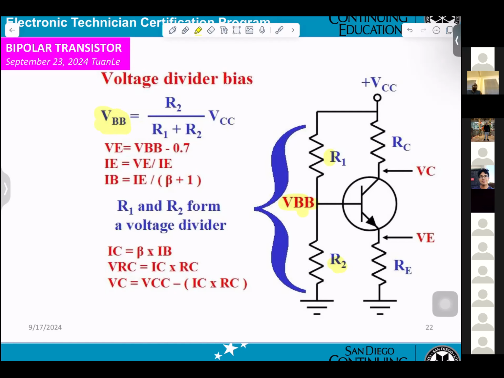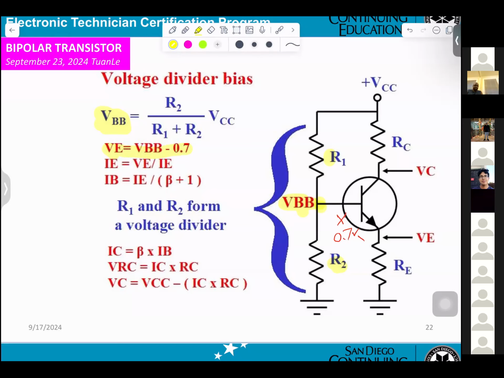After you get the VBB, you understand this is positive and this is negative, 0.7 volt. So you already have VBB. You want to calculate the VE. VE equals VBB minus 0.7.